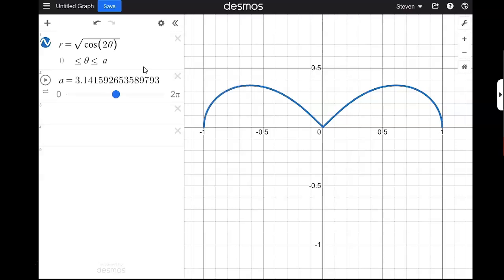That graph will continue. Once we reach pi, we continue. Now, 2 theta has made its second trip around, and 2 theta has now reached pi over 2 again. And that's when we stop coming out.